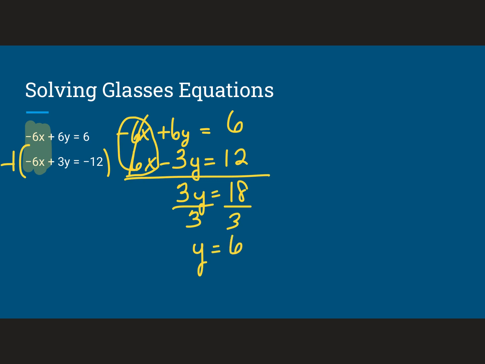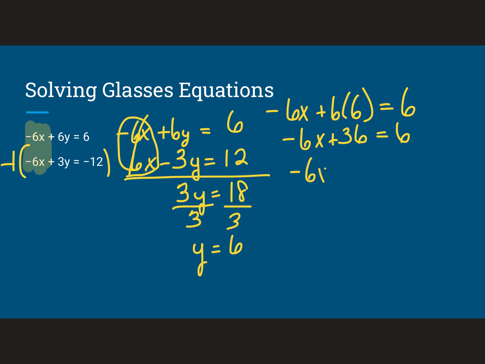I'm going to start with my top equation here. So I have negative 6x plus 6 times 6 equals 6. Well, 6 times 6 is 36, so I'm going to get negative 6x plus 36 equals 6. I'm going to subtract 36 from both sides, so I have negative 6x plus 36 minus 36 equals 6 minus 36.